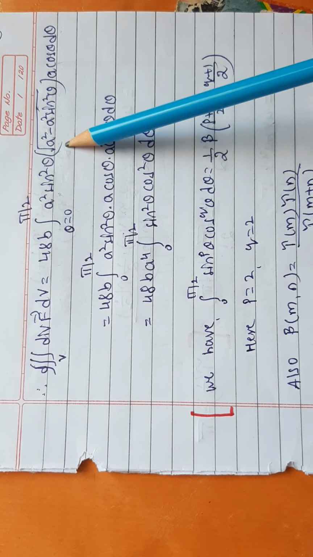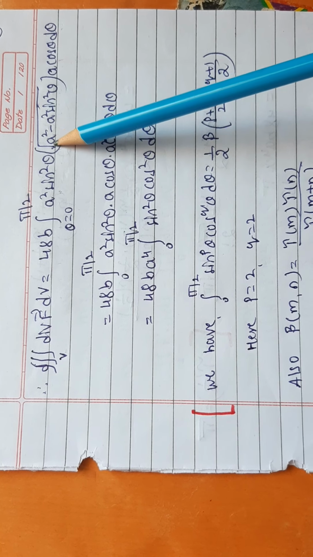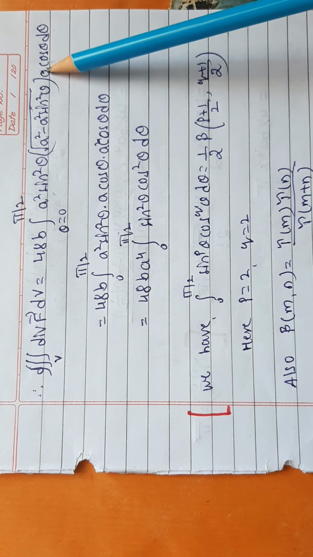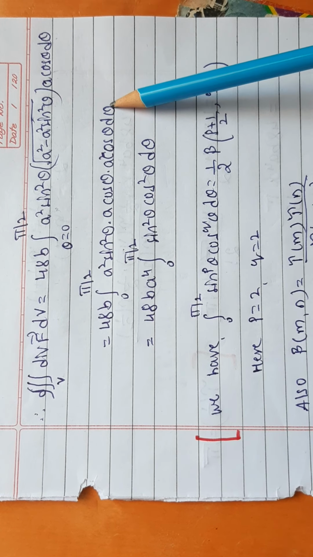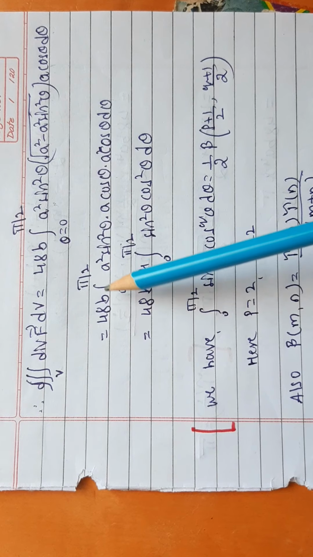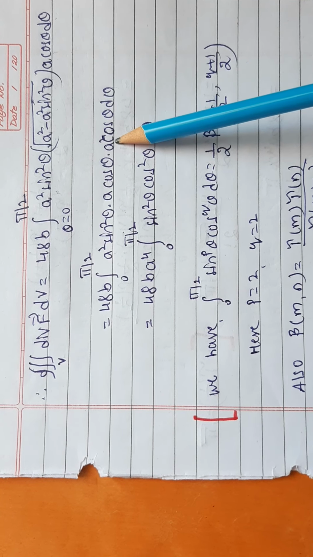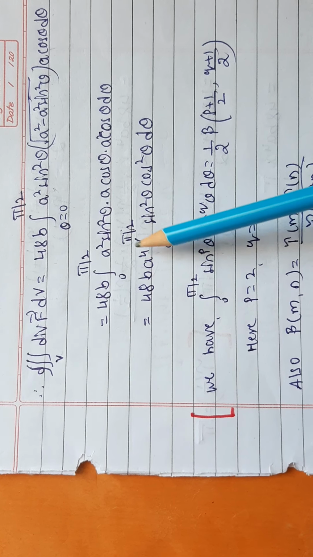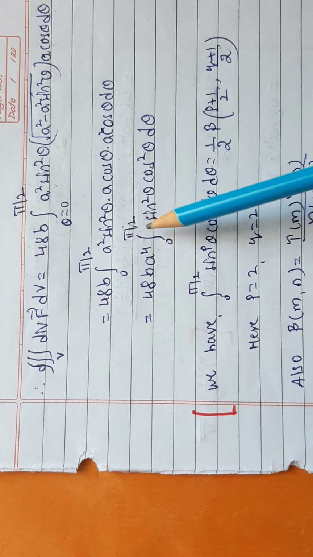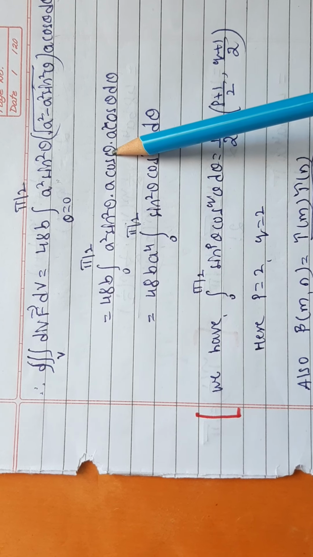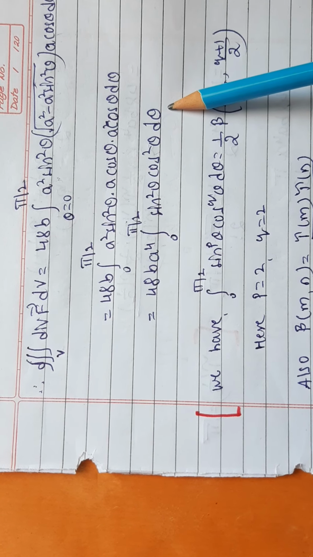Then taking square root of a square cos square theta becomes a cos theta, into a cos theta d theta, that is 48b. In this all a square a is a to the power 4. Integration over the limits 0 to pi by 2 sin square theta cos square theta into d theta.